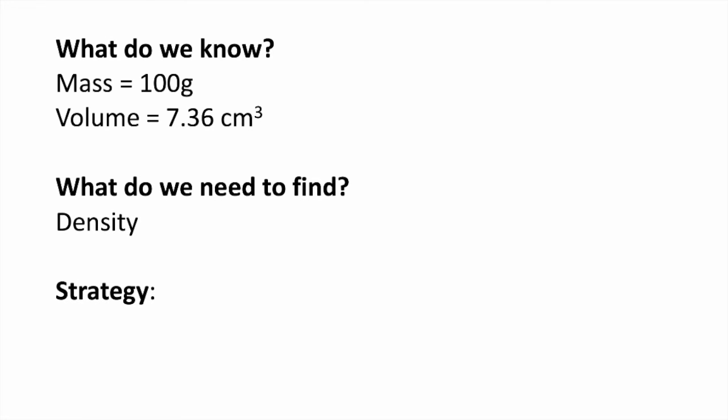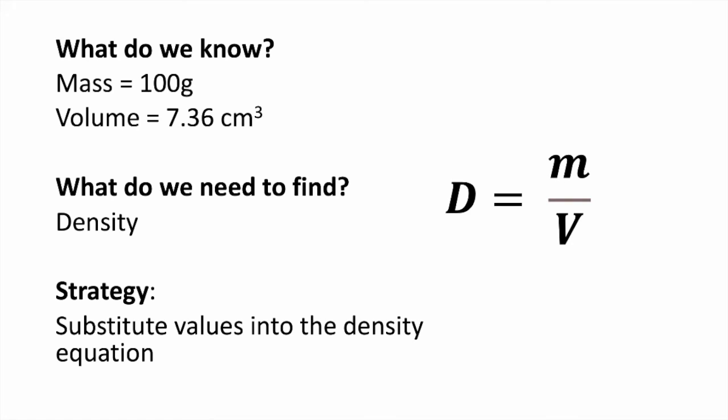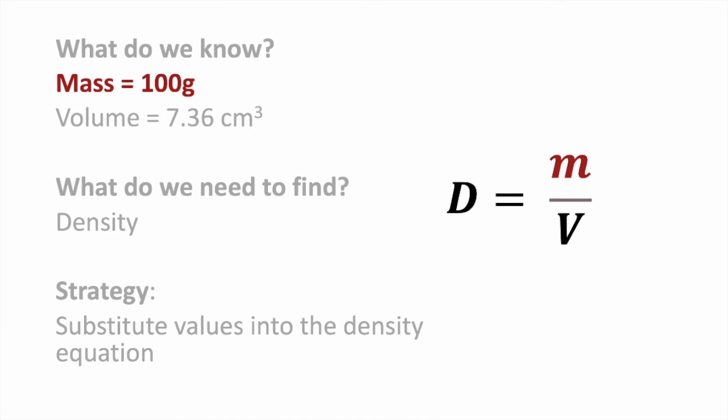So our strategy is to take our density equation and we are going to substitute our values into it. We're finding density, so it goes on the left. And then we're going to take our mass and plug it in where the M is.